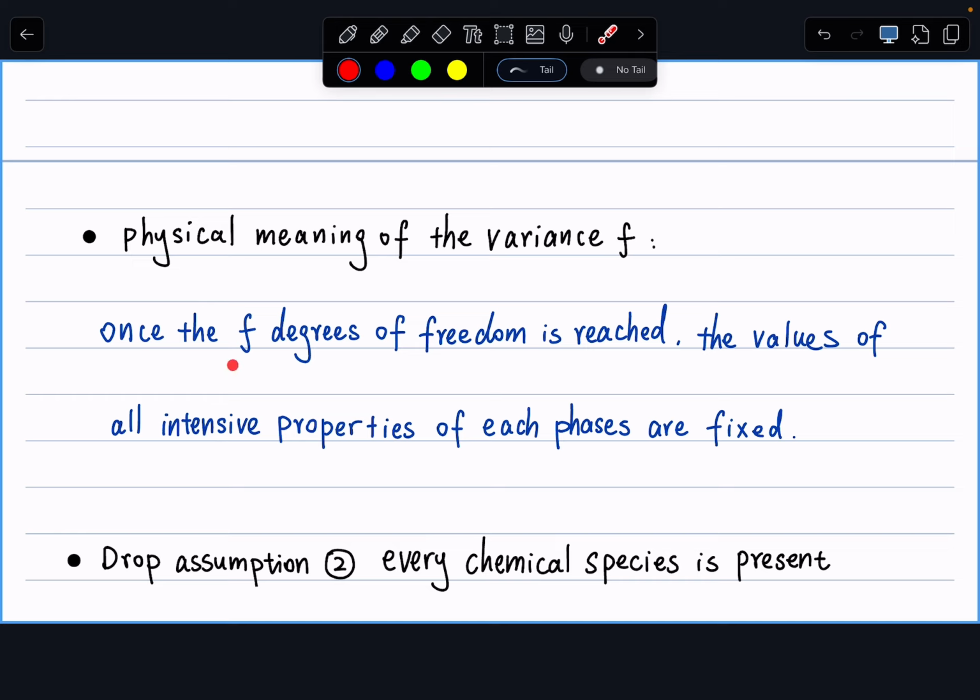Or the other way to put it is, once these F degrees of freedom are fixed, the values of all intensive properties of each phase will be fixed. So this sort of goes back to when we were talking about the ideal gas law. Remember, we said for a pure ideal gas, you only need 2 experiments to measure its equation of state and to get everything we want to know about its macroscopic properties. So it's sort of related to what we discussed in that case.